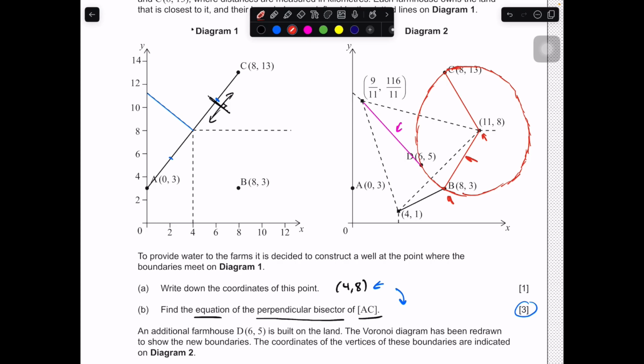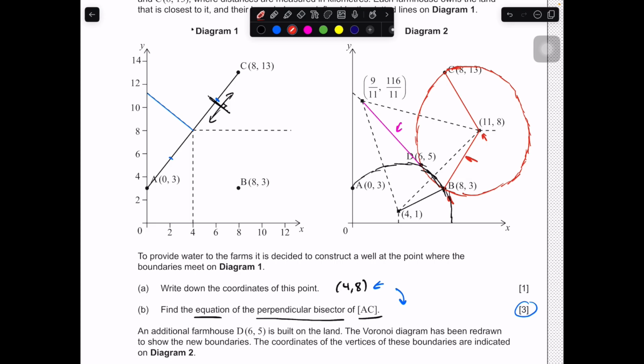So if we go back to this one right here and we sweep out a circle, we're asking ourselves, which one of these is the furthest away? Which one of these has the largest radius?